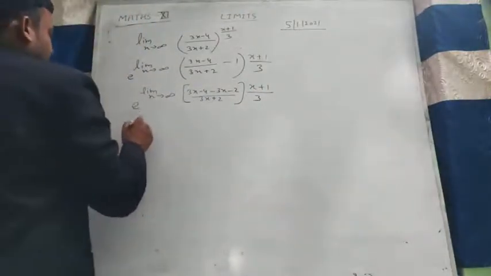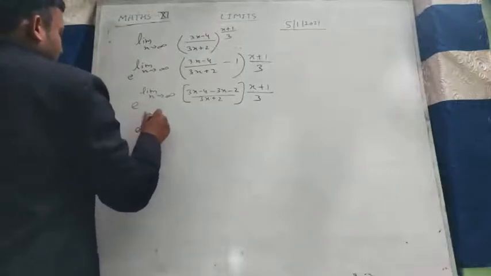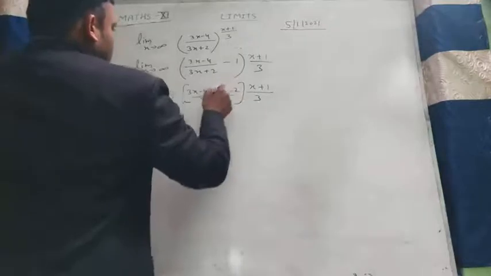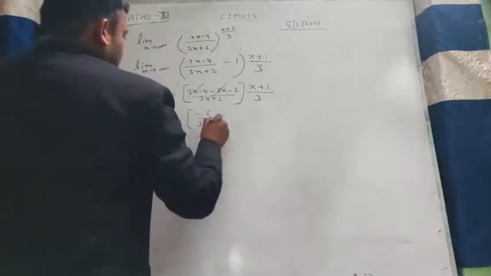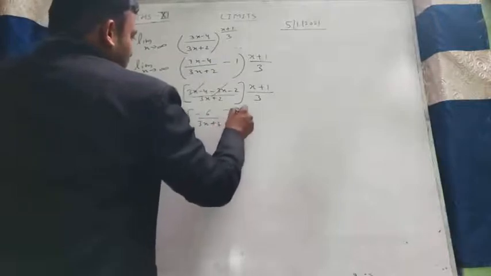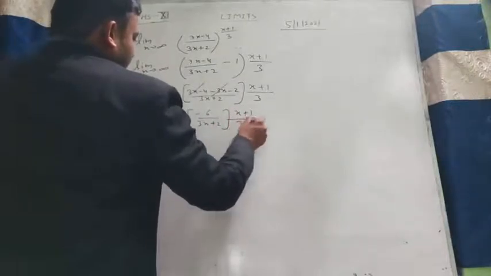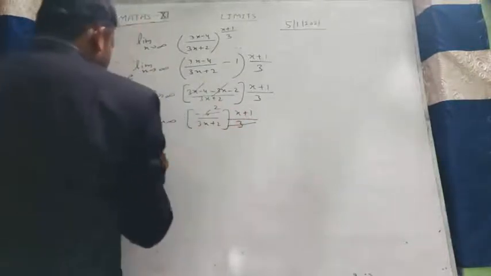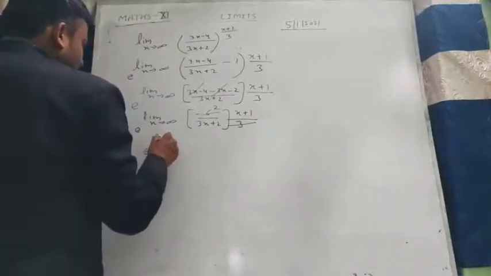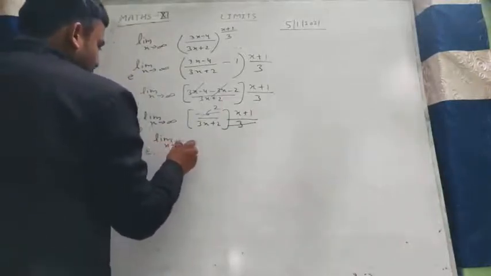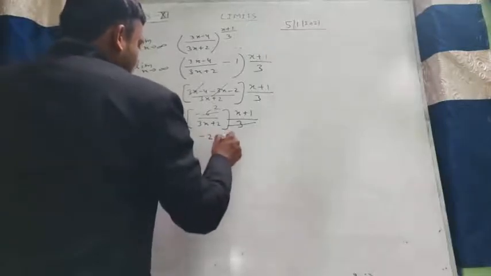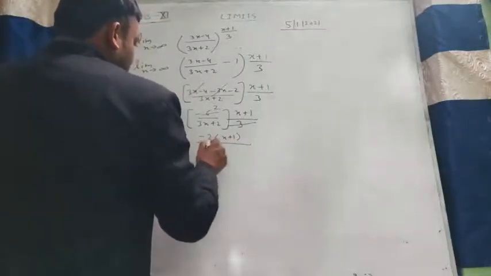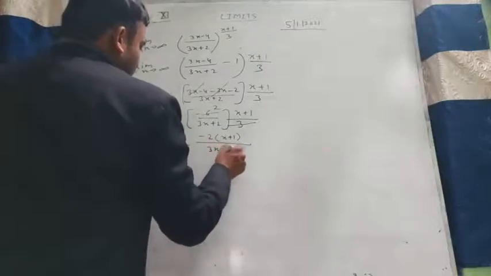The 3x cancels, and we get minus 6 by (3x plus 2) into (x plus 1) by 3, so e to the power limit as x tends to infinity of minus 2 (x plus 1) by (3x plus 2).